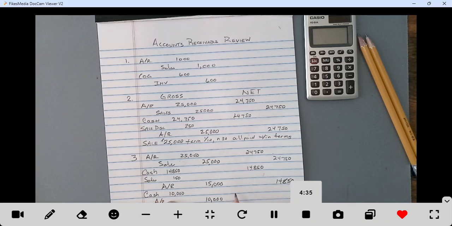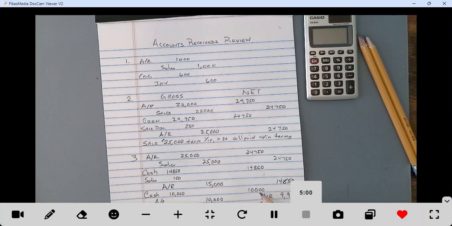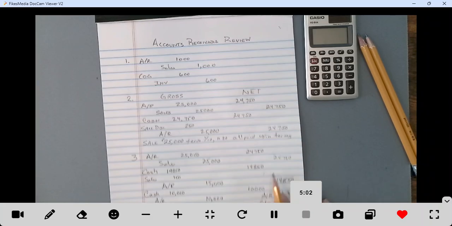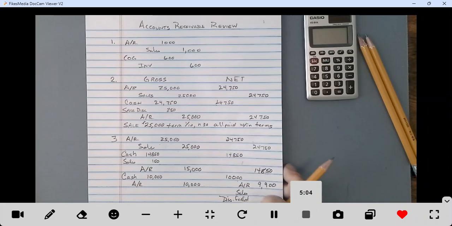Now this $10,000 payment, they also pay the 10,000 because they're outside the discount period, but accounts receivable in this case is 9,900 credit, and sales discount forfeited is 100, 1% of the 10,000 that they forfeited. Okay, can we see that?